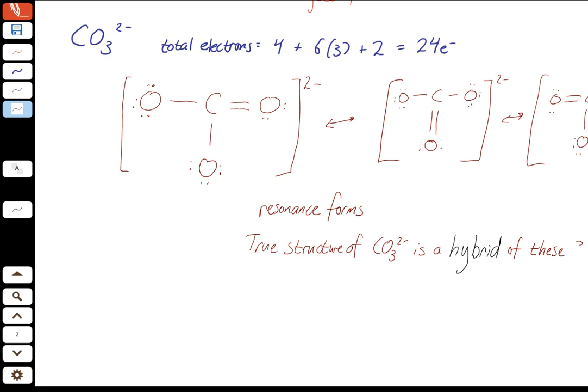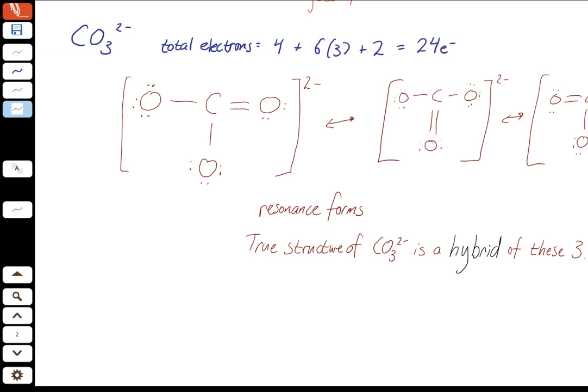So if we actually look at data for carbonate ion, we find 3 equivalent CO bonds, each one in between a single and double bond, about the length of 1 1/3 bonds. So there's no such thing as 1 1/3 bonds, but that's basically what we see. So that tells us that the actual structure that we're looking at is really a hybrid of these 3 resonance forms.